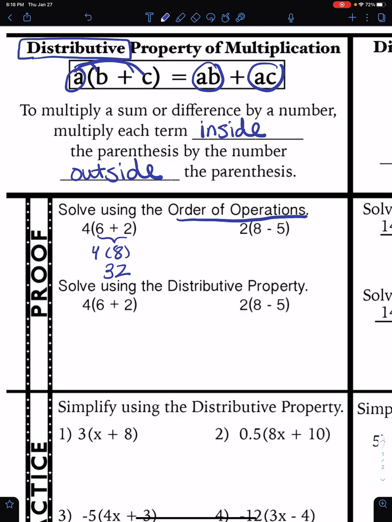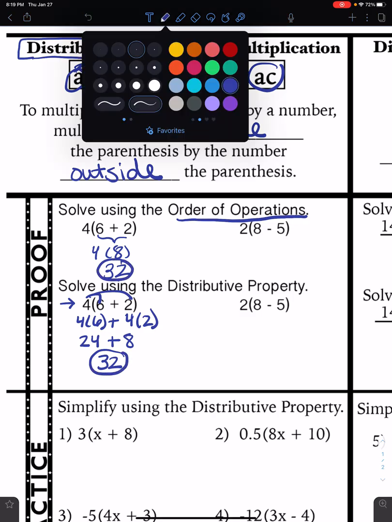If I did the same problem right here using the distributive property, I would multiply 4 times 6 and add that to 4 times 2. So 4 times 6 we know is 24, and 4 times 2 is 8. 24 plus 8 is also 32, so we can see it works because we got the same answer.